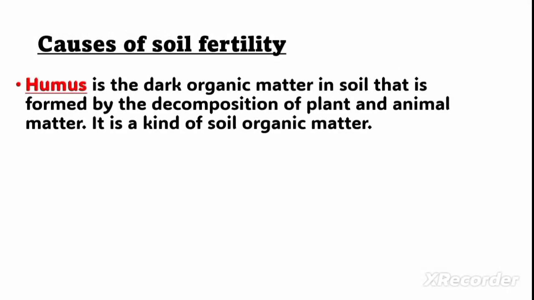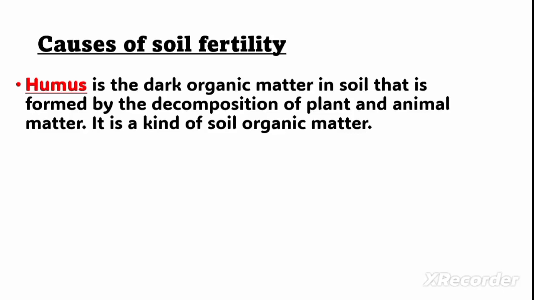We are also going to look at the causes of soil fertility. Humus is one of the factors causing soil fertility. Soil fertility shows how much fertilizer is found in the soil, or how fertile the soil is.